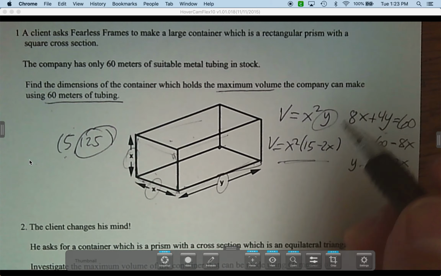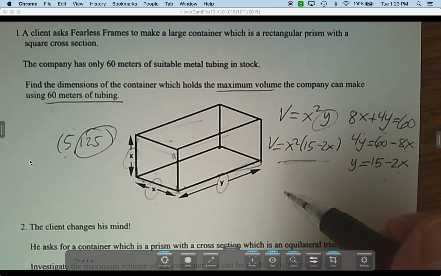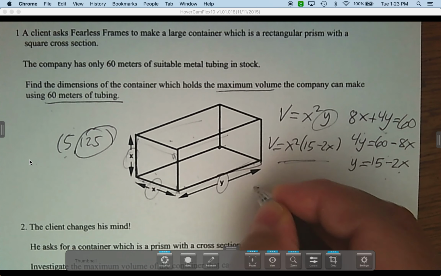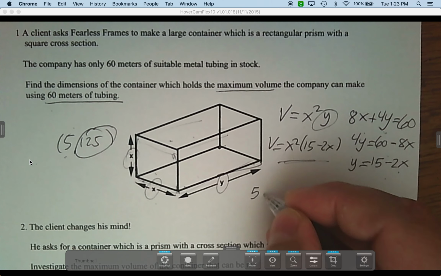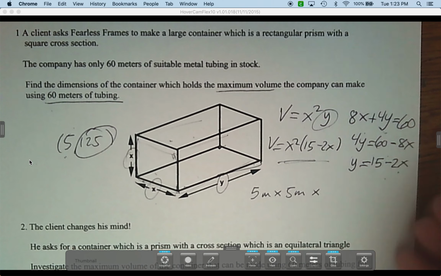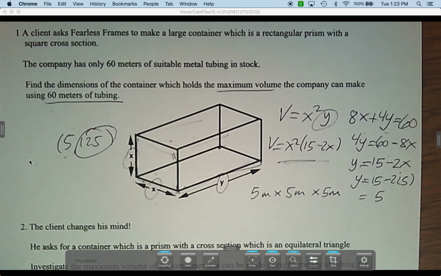So it says, find the dimensions of the container that hold the maximum amount of volume. So I can tell that, and it's in meters. So if I have 5 meters by 5 meters, and I said if you plug in 5 here to find the y value, 15 take away 10, so that means all lengths would be 5, 5 by 5 by 5, it's a cube.